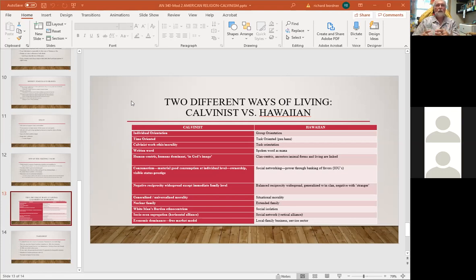Mainstream American values don't really show up in Hawaii in a major way until the territorial period in 1900, which is already 50 years after these guys have started laying down the law and setting up how things are going to work. So the monarchy persists till 1893. We then have a republic with these guys pretty much in charge till 1899. Then we become part of the United States. In that context, from the 1850s, 1860s, this becomes the system.